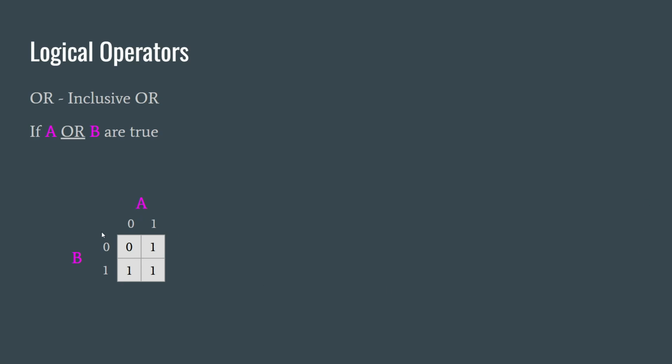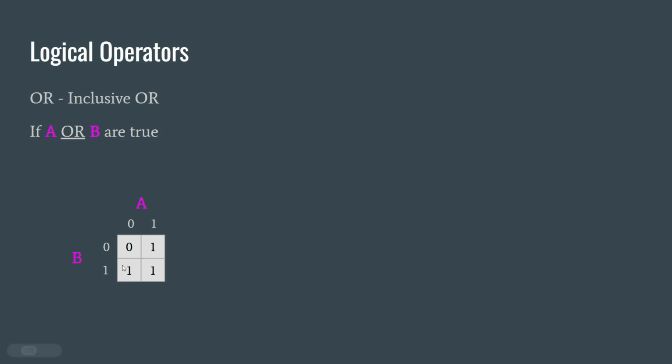We have A and B just like we did before with 0s and 1s here. If A is 0 and B is 0, then the result is 0. Neither of them are 1. If A is 1 and B is 0, we get a 1 here now, because remember, it's if either of them are true. And this is a 1, so that becomes a 1.